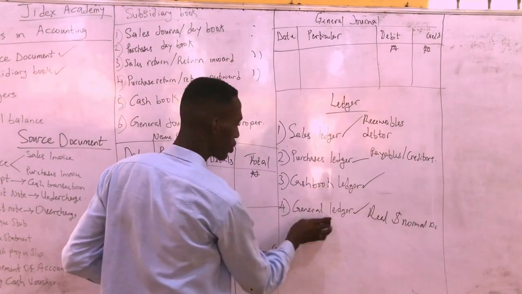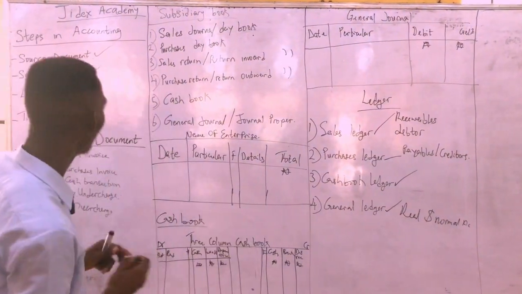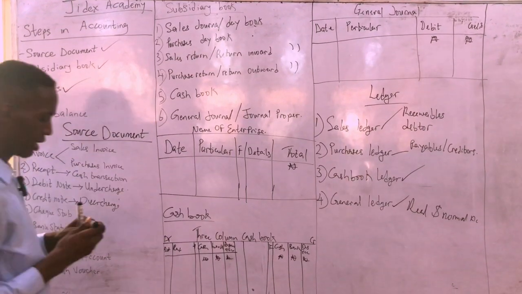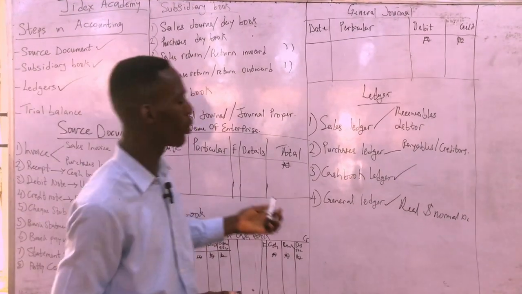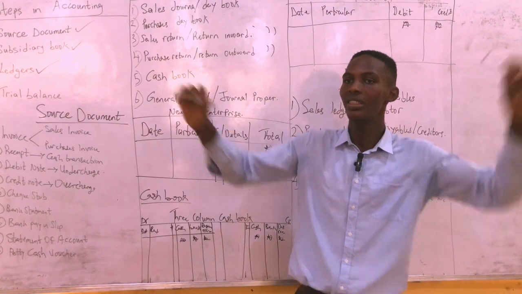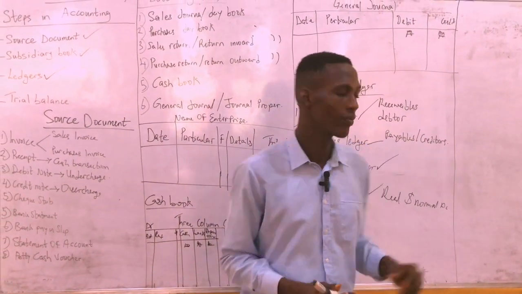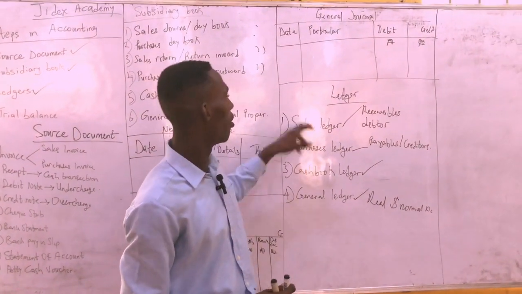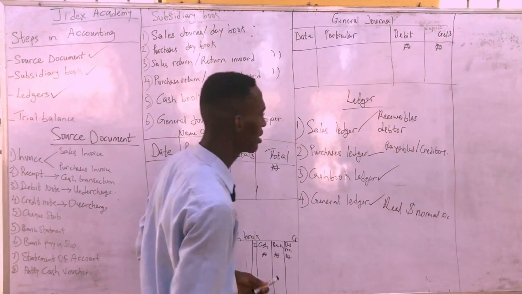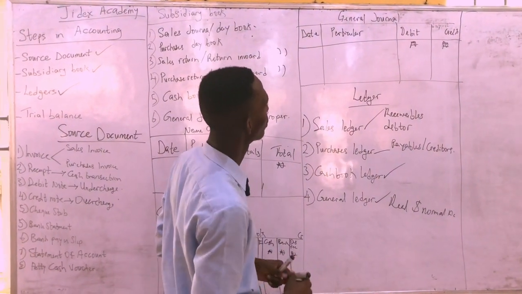So our general journal goes to general ledger. That is that on ledger. Now for trial balance, what is trial balance used for? It is used to test the arithmetical accuracy of our ledger accounts.